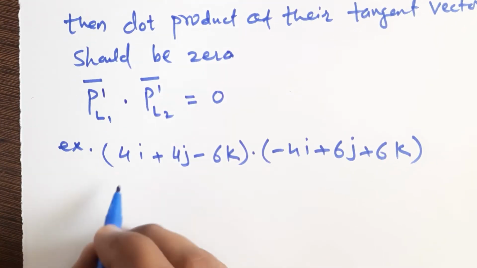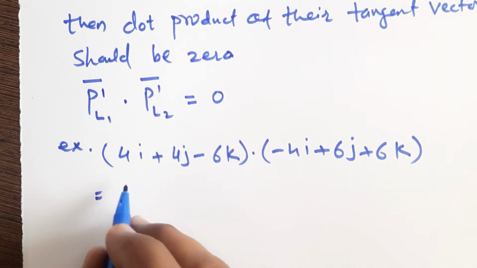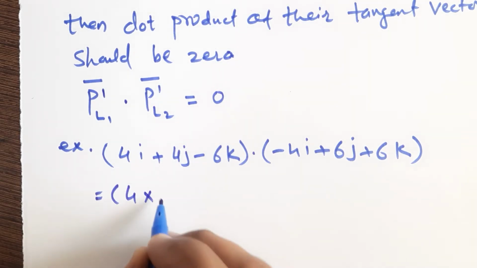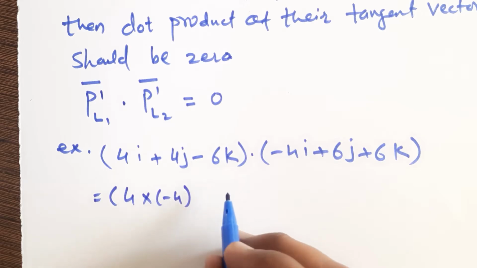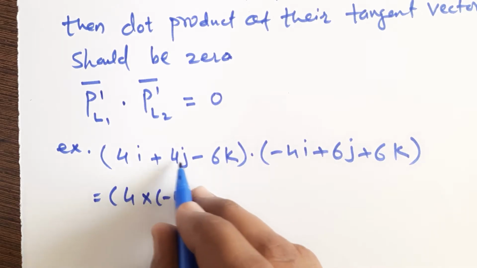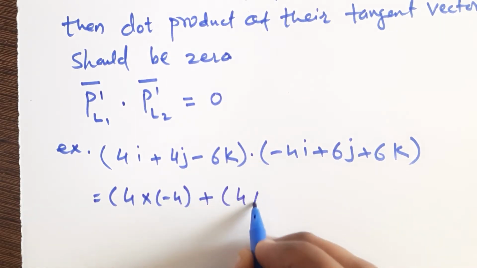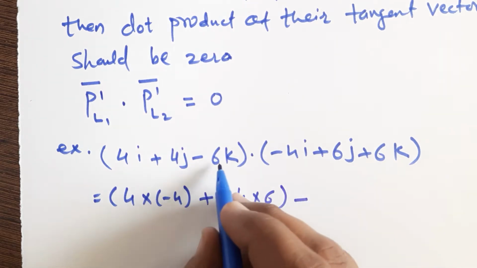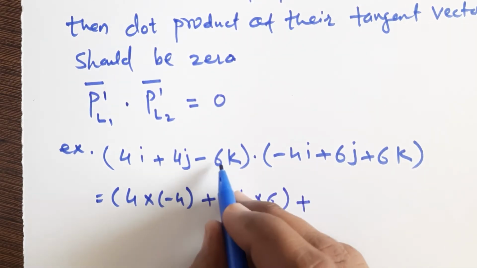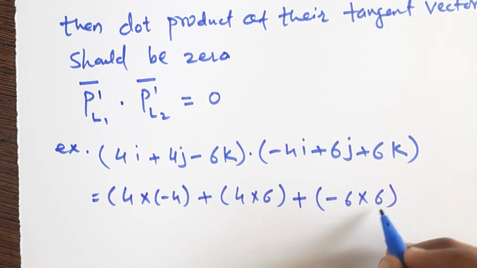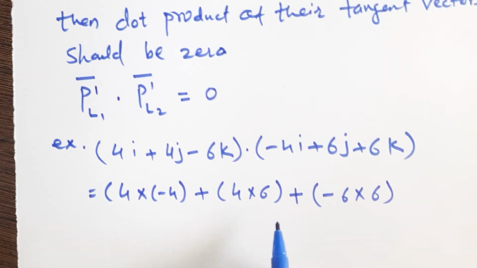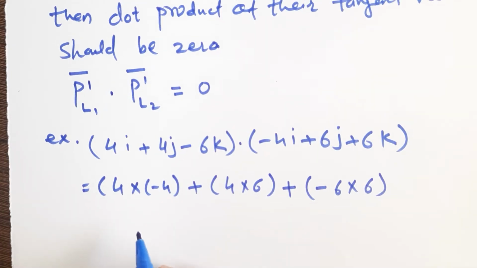So we can write 4 into minus 4, plus 4 into 6, plus minus 6 into 6. The addition of these should be 0.